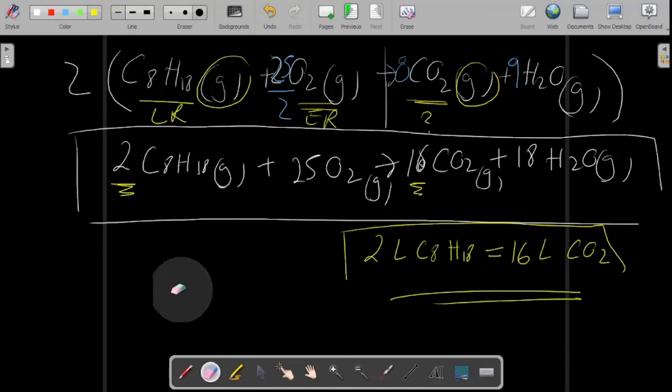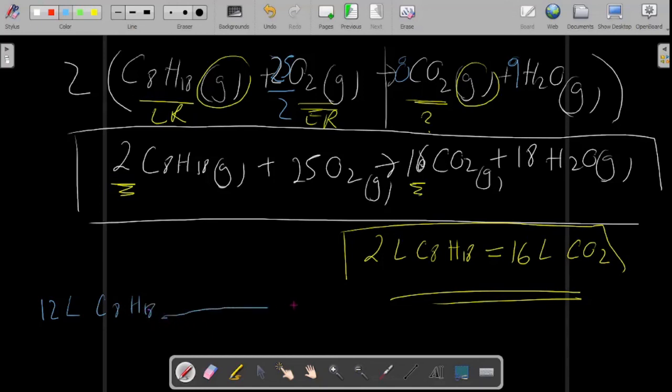Take this out and I'll start at the bottom with a different color of blue. So I'll start with the 12 liters, 12 liters of the octane gas. I'm going to open my factor label method.